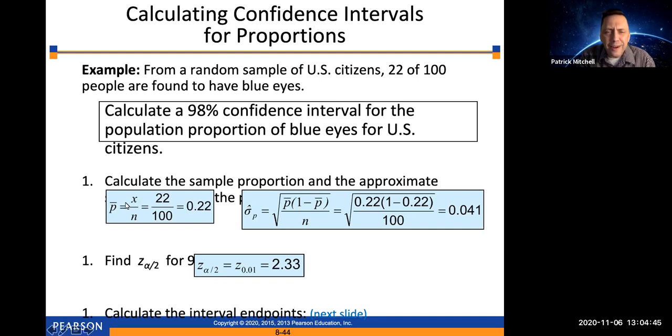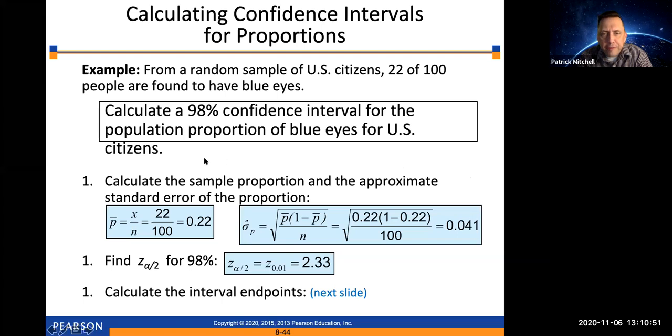So p bar is x over n. 22 blue-eyed people out of 100 in the sample gives us a sample proportion of 0.22. And then the approximate standard error of the proportion would be the square root of p bar times 1 minus p bar divided by n. This is another one of those things that you should definitely try on your calculator. Make sure that you can get that to come out to 0.041.